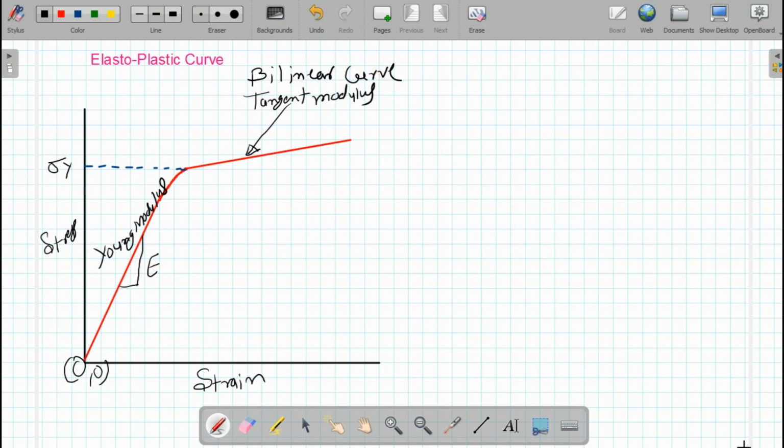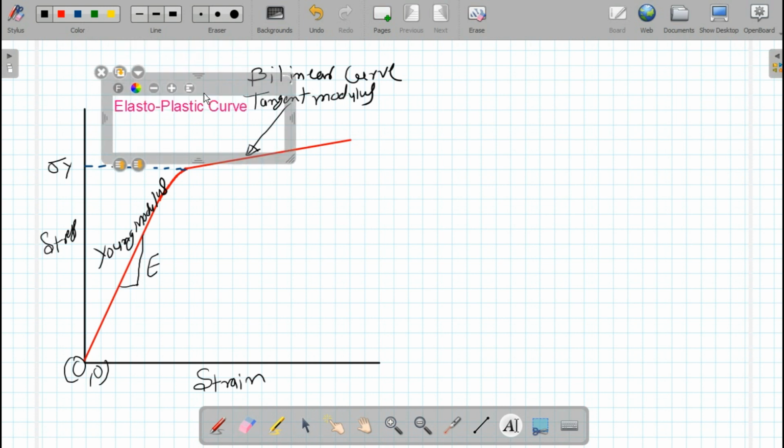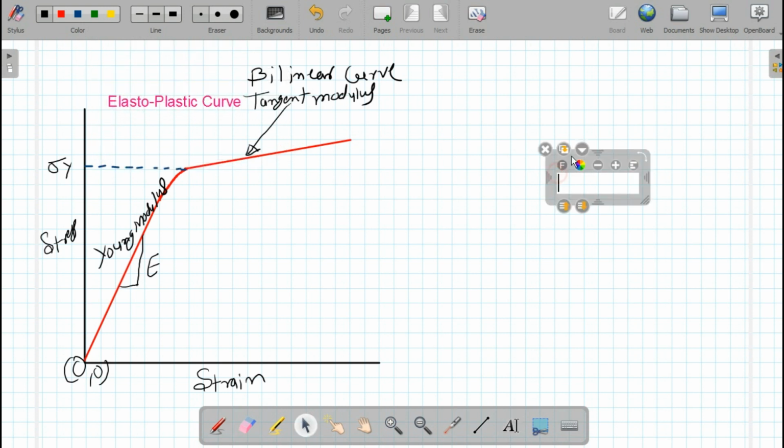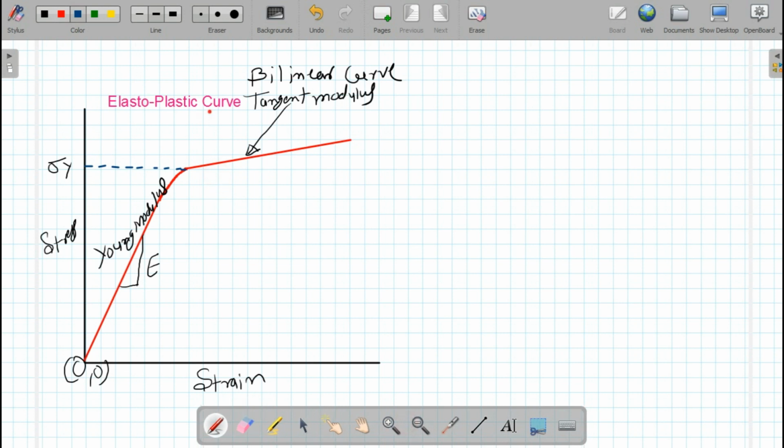Okay, so in elastoplastic, also we call it elastoplastic. Now what does elastoplastic mean?